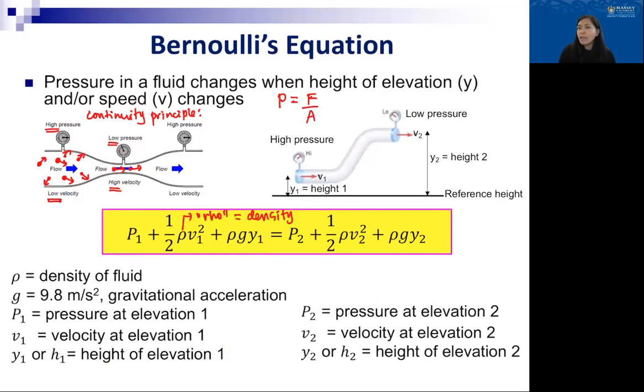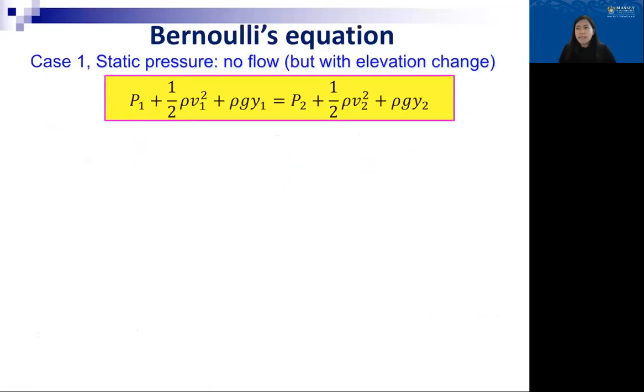So how do we interpret Bernoulli's equation? Let's look at two cases. The first case is when the fluid is static, meaning there is no flow, but the elevation changes. In this case, V1 and V2 should be equal to 0 because the fluid's not moving.